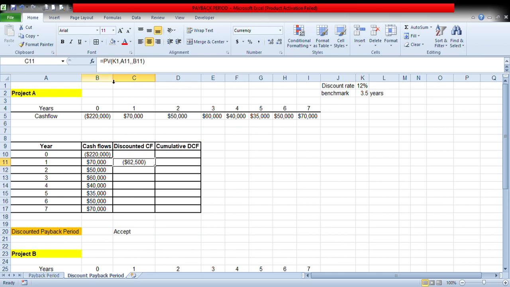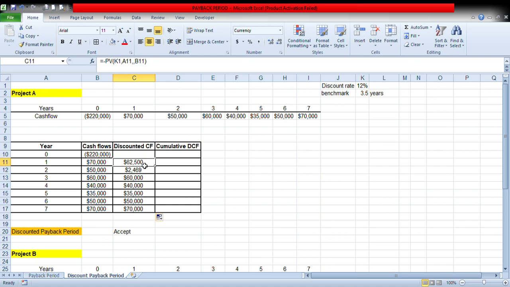It is 60 minus 60, because we apply the minus in front. Okay, ladies and gentlemen, this is the same 62,500. So I taught you the two ways to calculate the discounted cash flow. Just drag it.